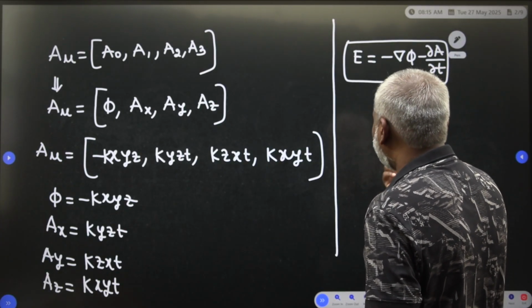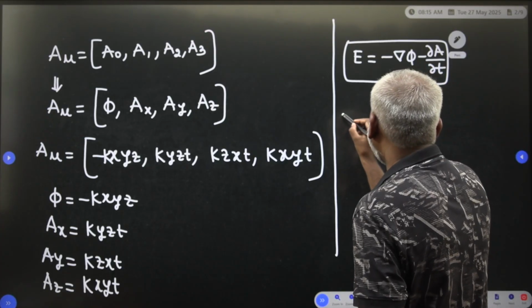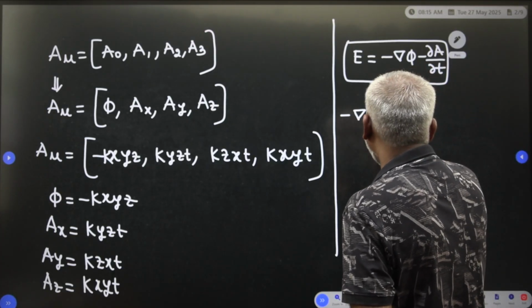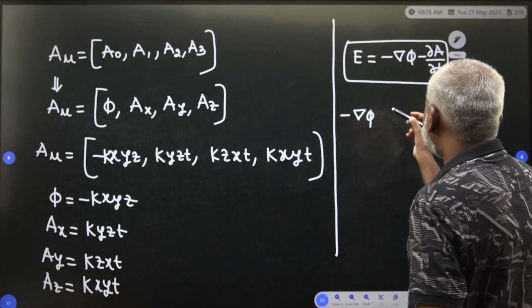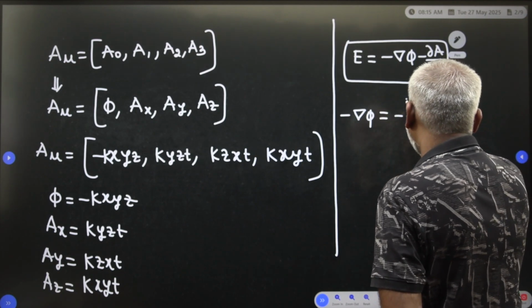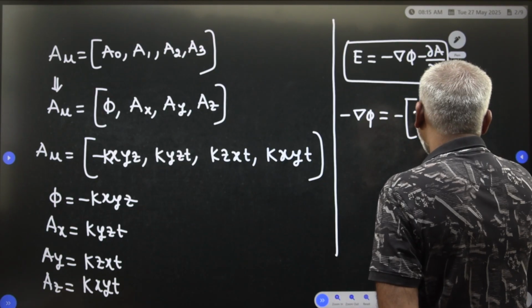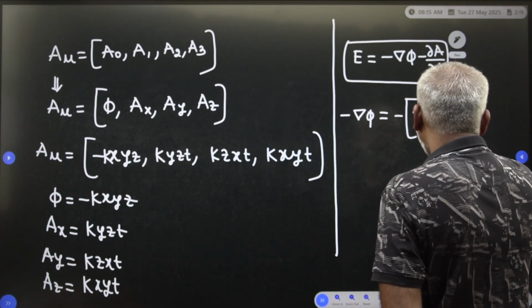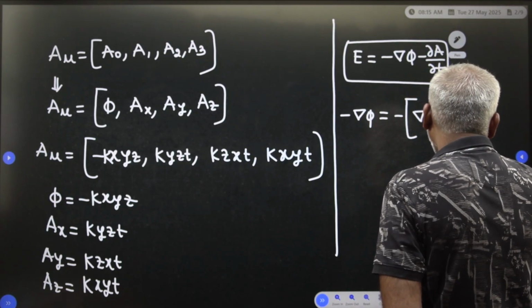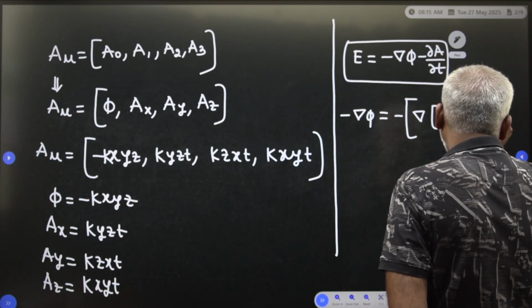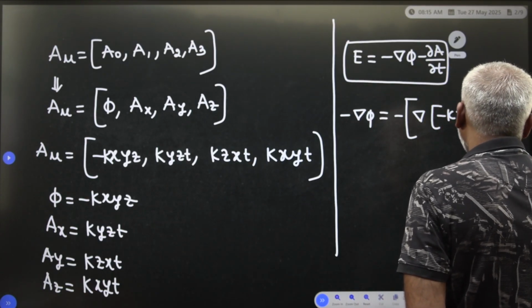Your phi is in terms of x, y, z. Minus gradient of phi we need to calculate. Minus gradient of phi is minus of the gradient of minus kxyz.